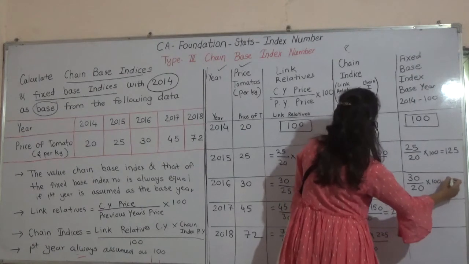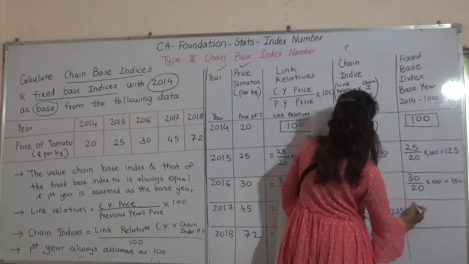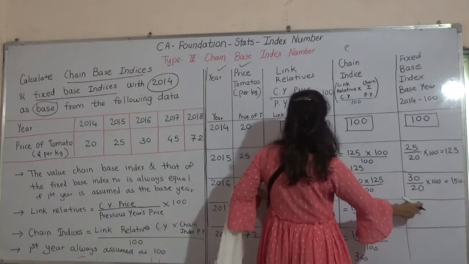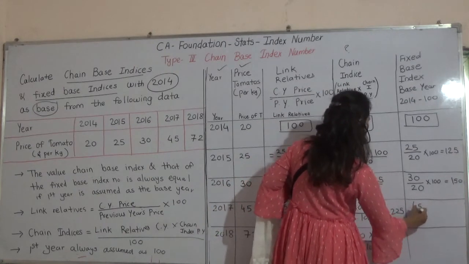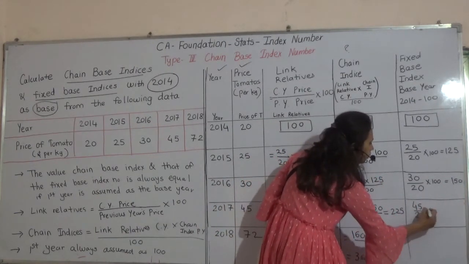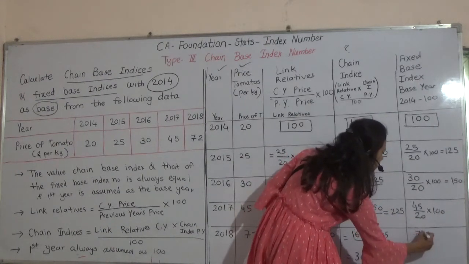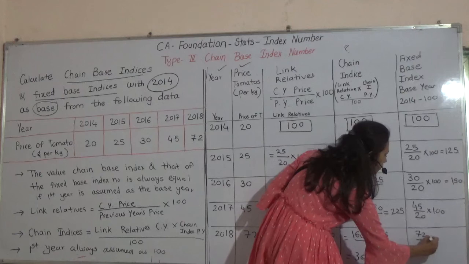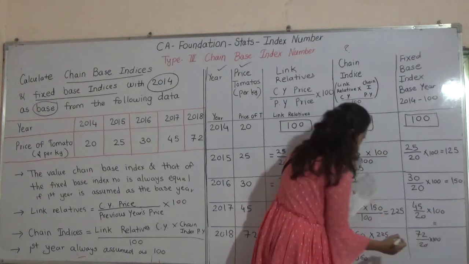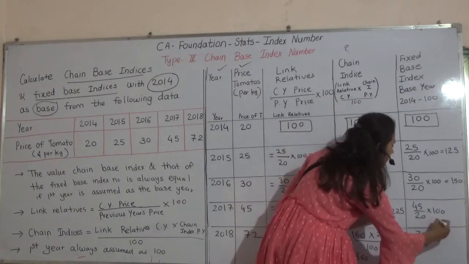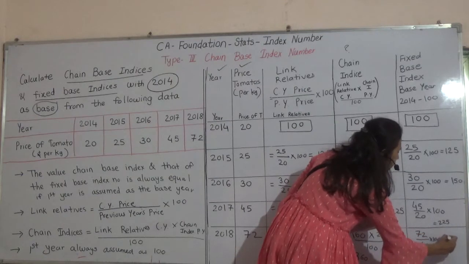Answer is 150. Then next, price is 45, fixed base is 20 into 100, 72 divided by 20 into 100. Answer is 225 and 360.